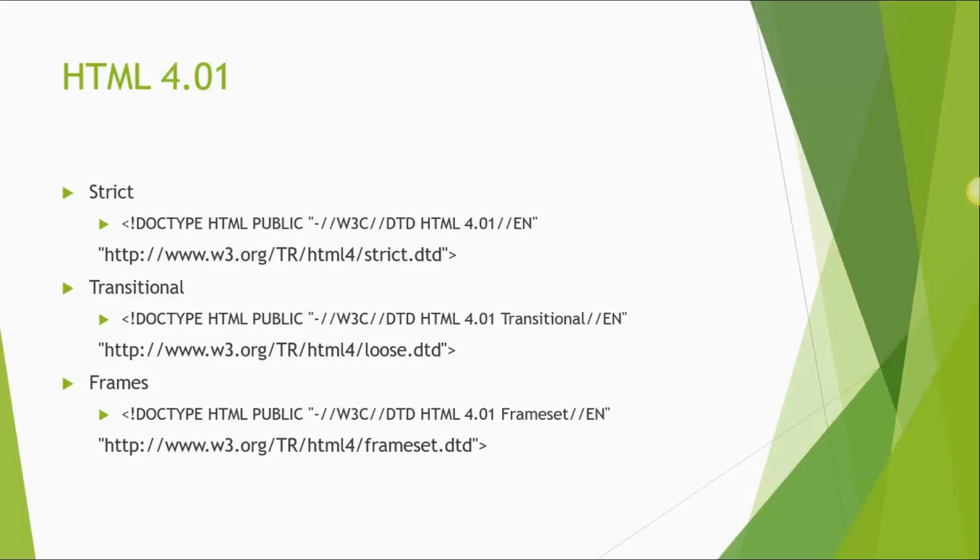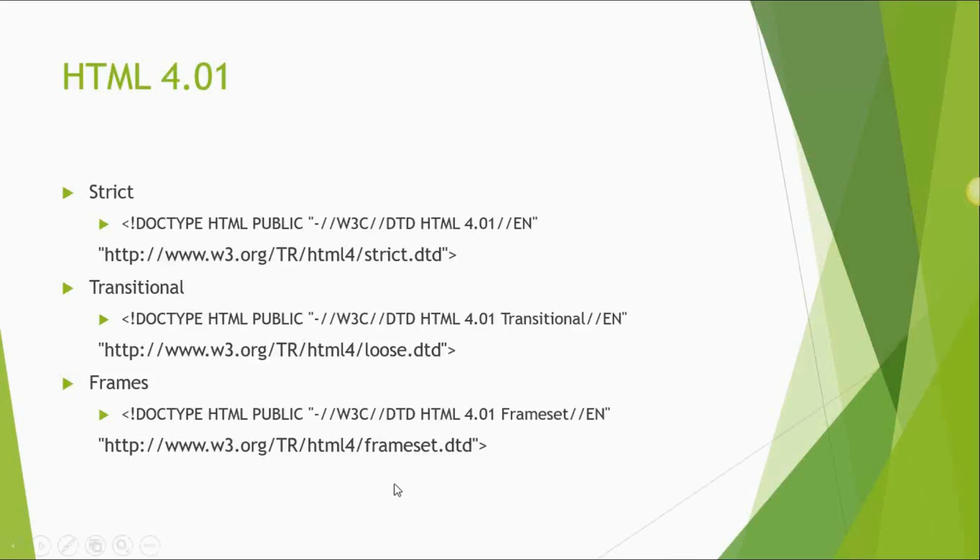Okay, and the third is frames. In frames, you can see that there is a frameset tag. There are a few tags which define a frameset in HTML, which we will learn later. So when we are using these frames, we can use this Doctype.